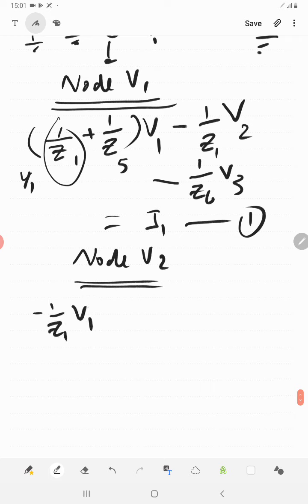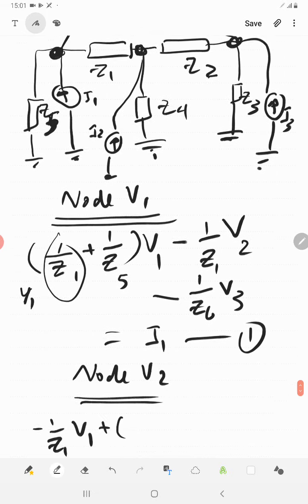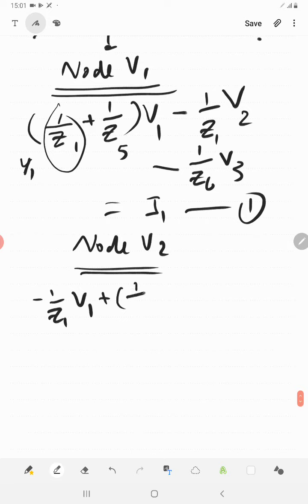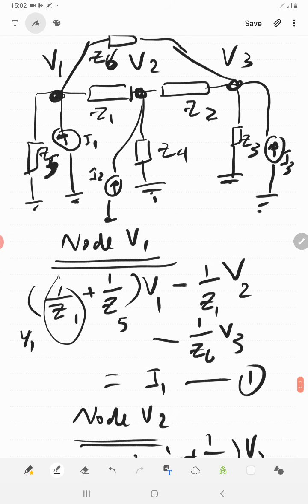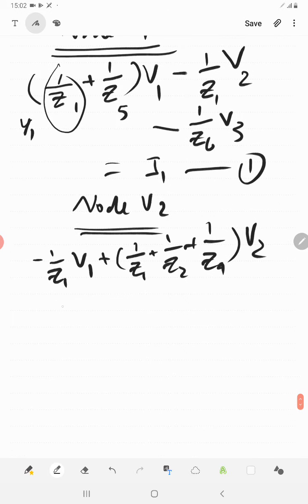Plus, now we have Z1 and Z2 and Z4, so 1 divided by Z1 plus 1 divided by Z2 plus 1 divided by Z4, okay, times V2. So this is the voltage V2. And now it's connected to V3 through Z2. So minus 1 over Z2 V3 is equal to I2.